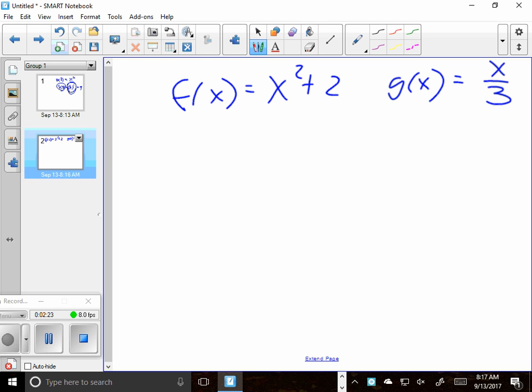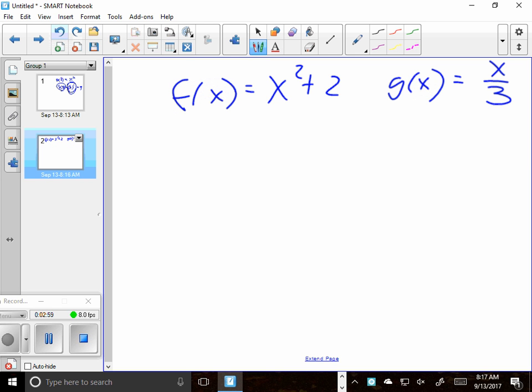Because again, if I said y here, and I said y here, it would imply that they are equal to each other. But these functions don't have to be equal to each other. We could force them to be equal to each other if we wanted to, but we can give them different names this way. What you could do if you wanted to use y's, you'd call it y sub 1 and y sub 2. Have you ever seen that before? To separate two different variables from each other, you can use little subscript numbers. Okay? But again, if you're going to use function notation, you're using f of x and g of x.